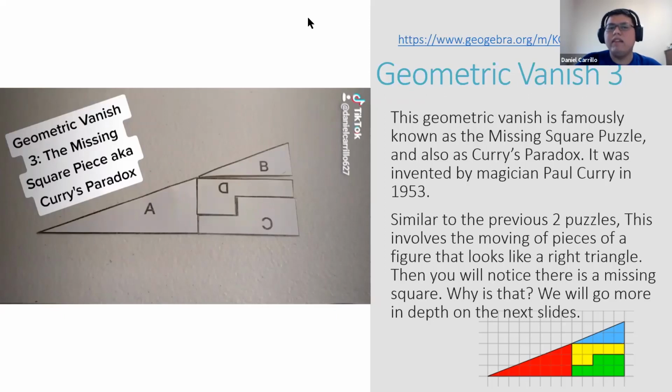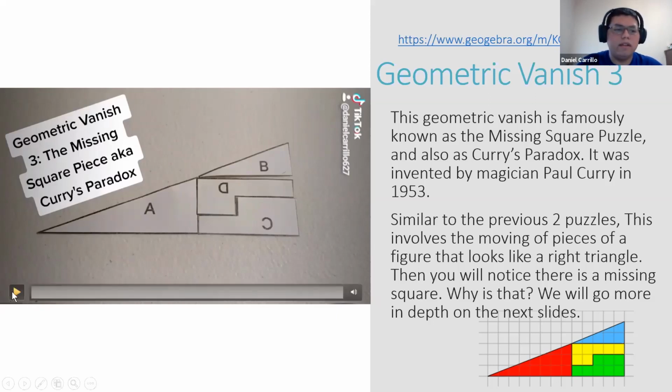Back when he invented it, it was really considered magic because nobody really knew the reasoning behind it, in this case the mathematics behind it. So I'm gonna go ahead and play a video of me performing Curry's paradox.